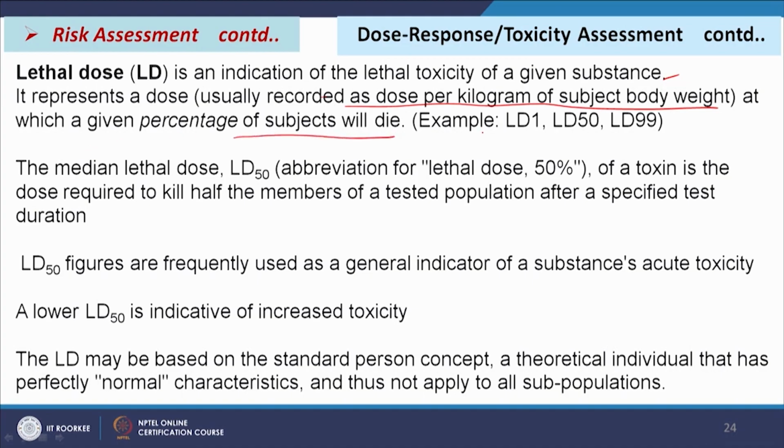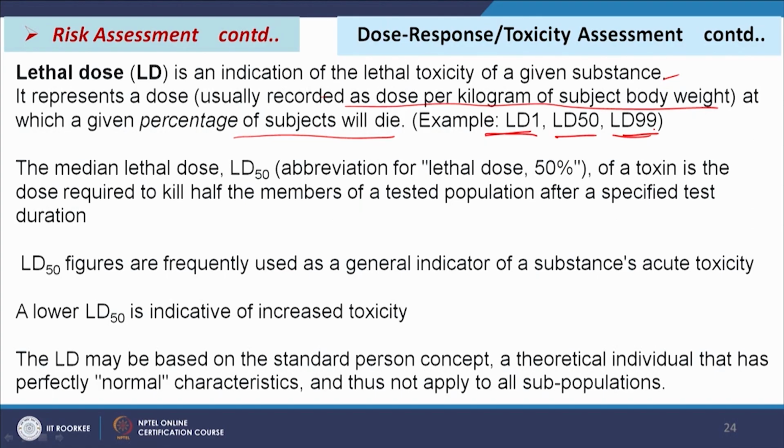For example, LD1, LD50, LD99. LD50 means 50% of the subjects will be dead at that dose if exposed for a certain time. Similarly, LD1 means 1% will die, and LD99 means 99% of the subjects will be dead.